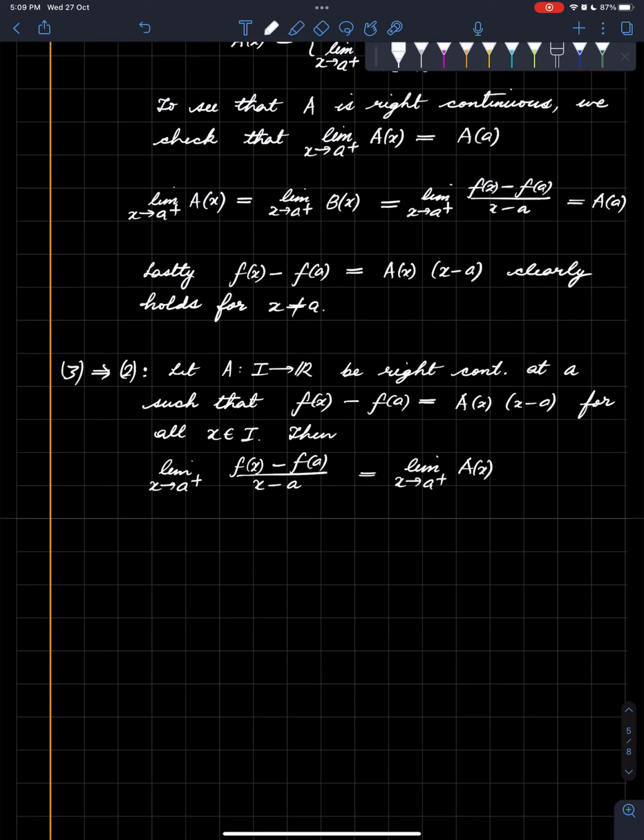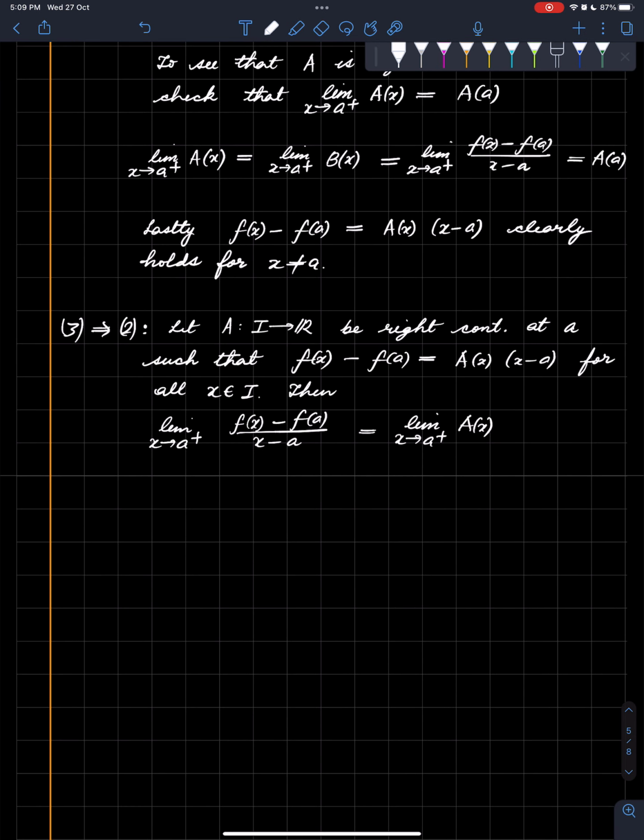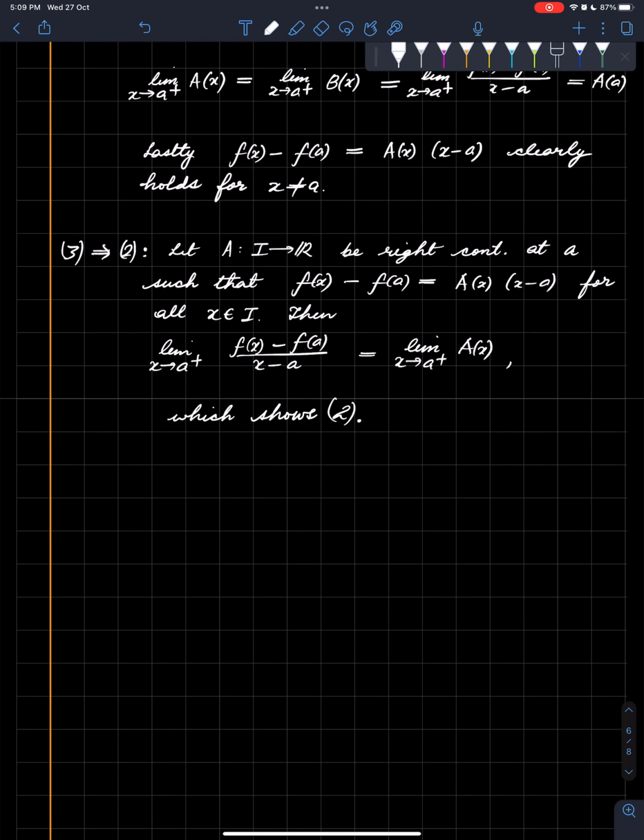So this shows that, and this shows 2. So 3 implies 2. And now 2 implies 1, which will finish the proof.